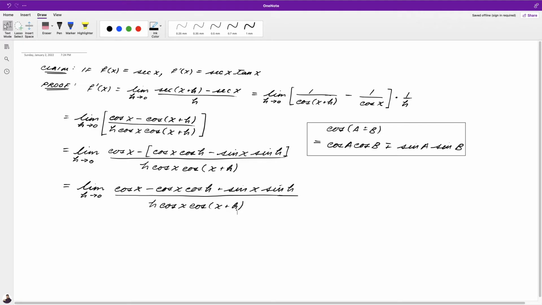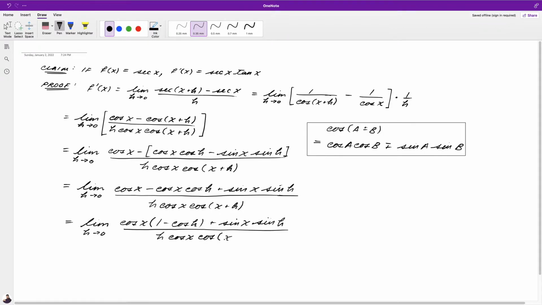Looks good. Now, I am going to factor a cosine x out of the first two terms here, and we're going to have the following. This is going to equal the limit as h trends to 0. We're going to have cosine x, and then here next to it in parentheses, 1 minus cosine h, plus sine x sine h. And then, of course, all of that divided by h cosine x cosine of the quantity x plus h.